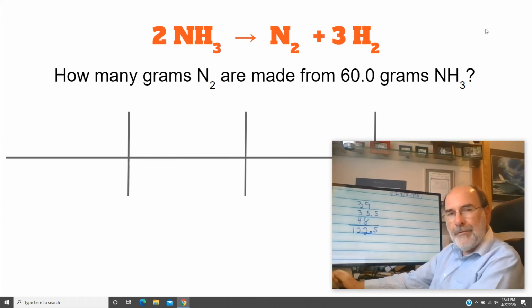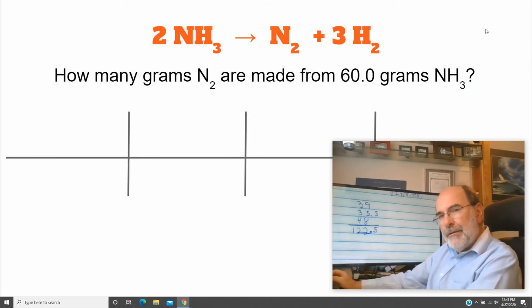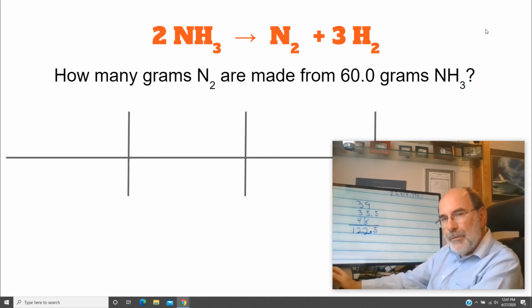The question is, how many grams of nitrogen gas are made from 60.0 grams of ammonia? You can't use the ratio for grams. You must convert the grams to moles and then use the coefficients in the balanced chemical equation to convert to moles of whatever we're looking at, and then go from those moles to the grams for that substance.